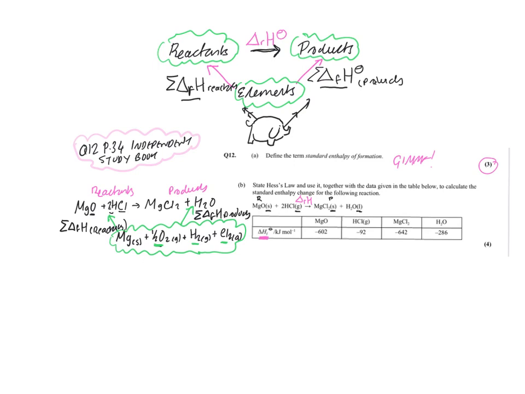So using Hess's law, I can say that the enthalpy change for the reaction that we're trying to find, delta HR, I'll put the R there, for the reaction that we're trying to find, is the sum of the enthalpy change of formation, looking at this cycle here.